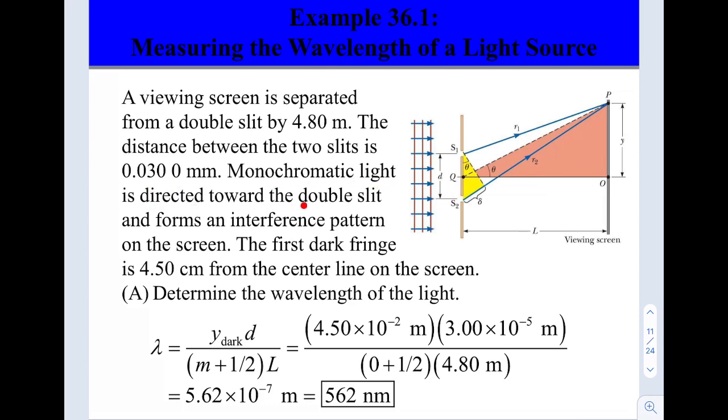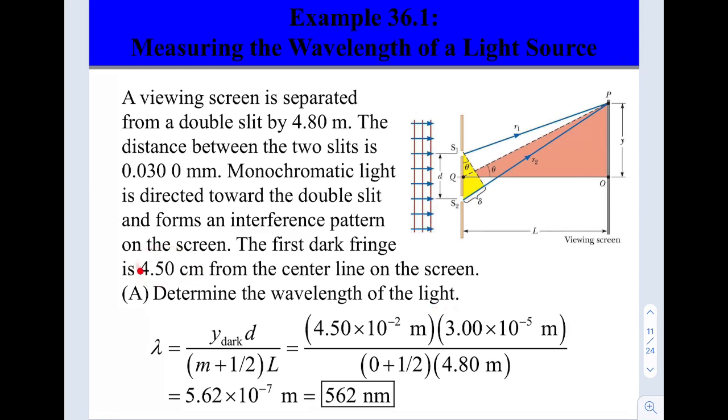Monochromatic light, a coherent source, is directed towards the double slit and forms an interference pattern on the screen. The first dark fringe is 4.5 centimeters from the center line on the screen. A, determine the wavelength of the light.